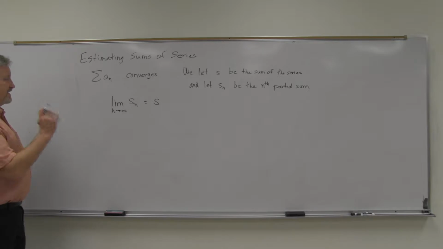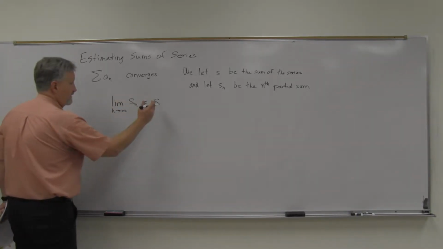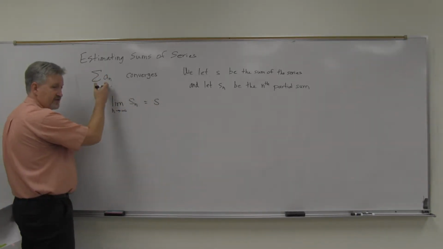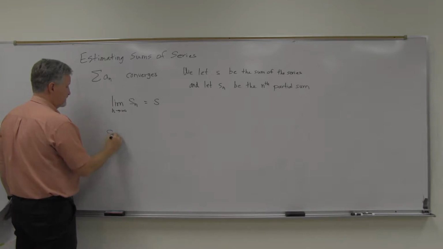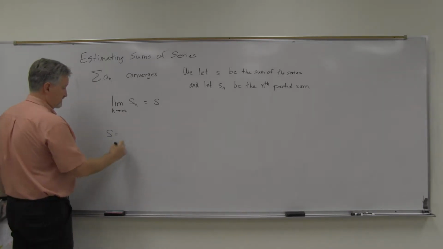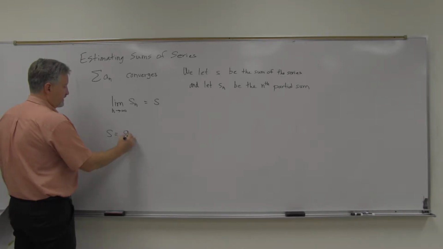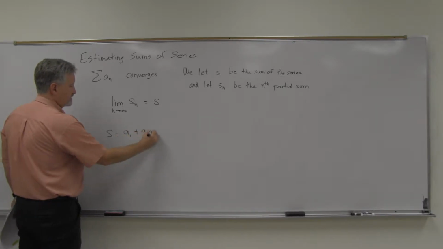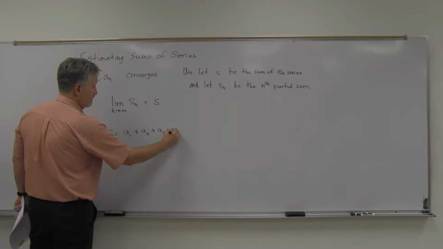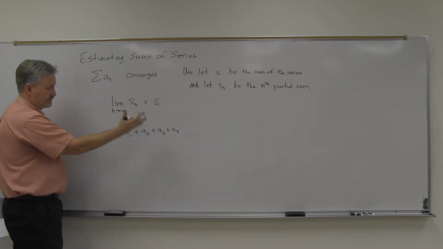Well, here's how I do it. Let's write out S, the sum of the series, term by term: a1 plus a2 plus a3 plus a4, starting at n equals 1.